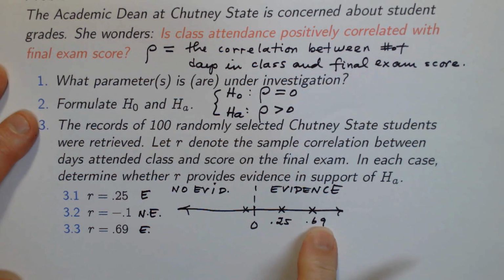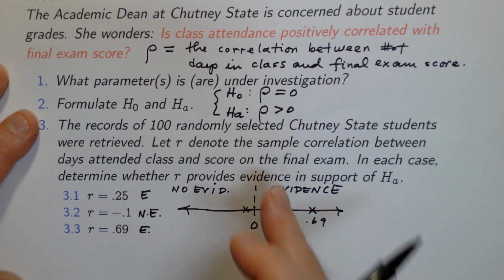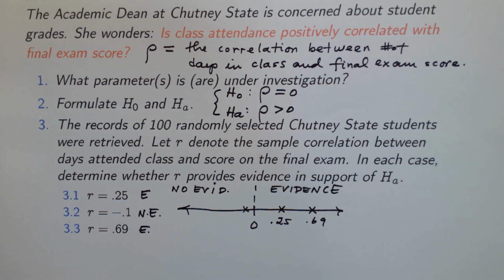So the 0.69 would be stronger evidence than the 0.25 in support of this alternative hypothesis. Okay, so that brings a close to this sequence of problems that I wanted to investigate concerning identifying parameters, formulating null and alternative hypotheses, and examining the strength of evidence.